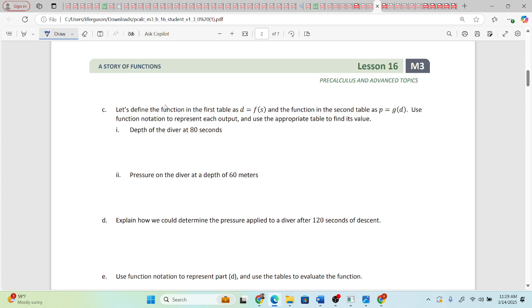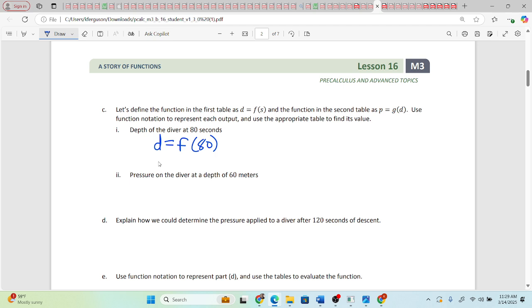That's the first chart. So that means I've got D for depth equals f of 80. That's function notation. D is the depth of the diver as a function of how much time the diver was going down. And in this case, it says at 80 seconds. So now I can look at the chart and get my answer.